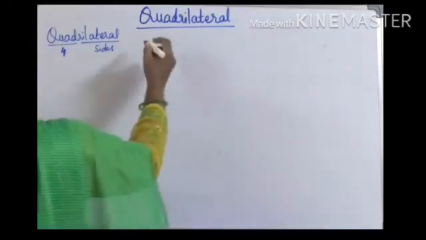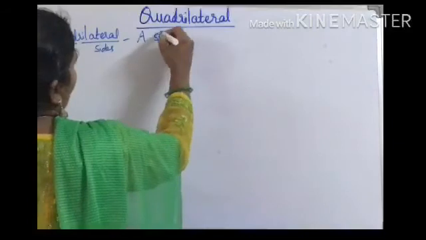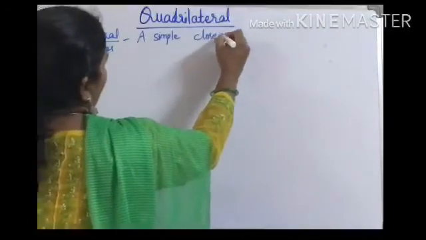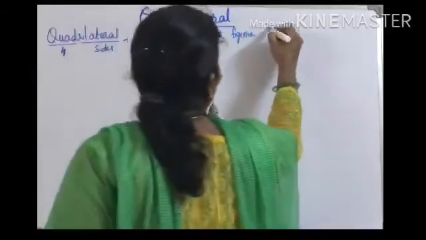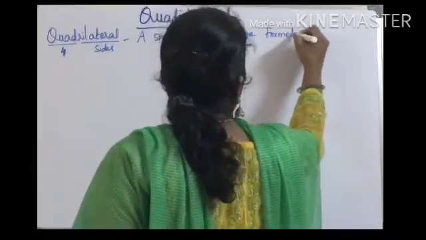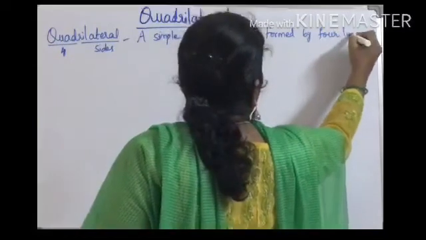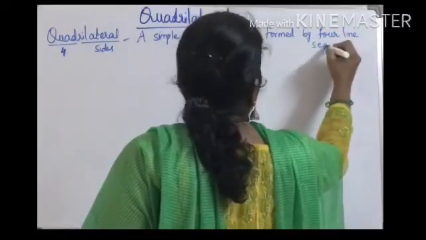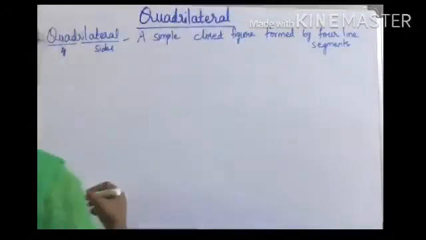Now, a simple closed figure formed by four line segments is called a quadrilateral.